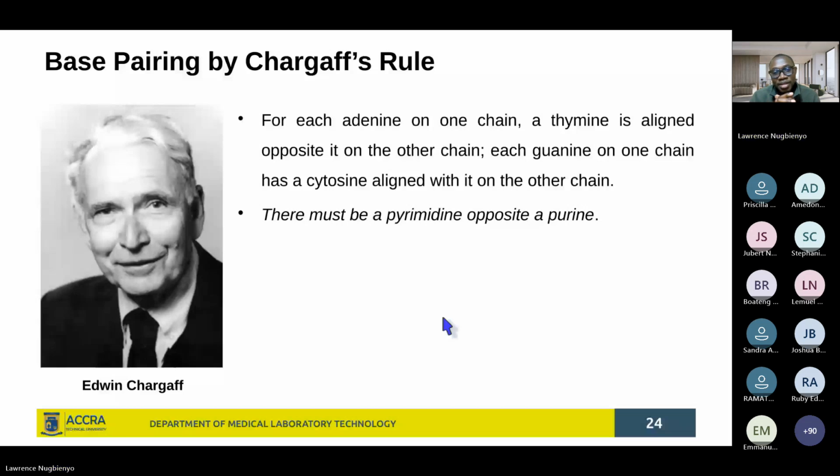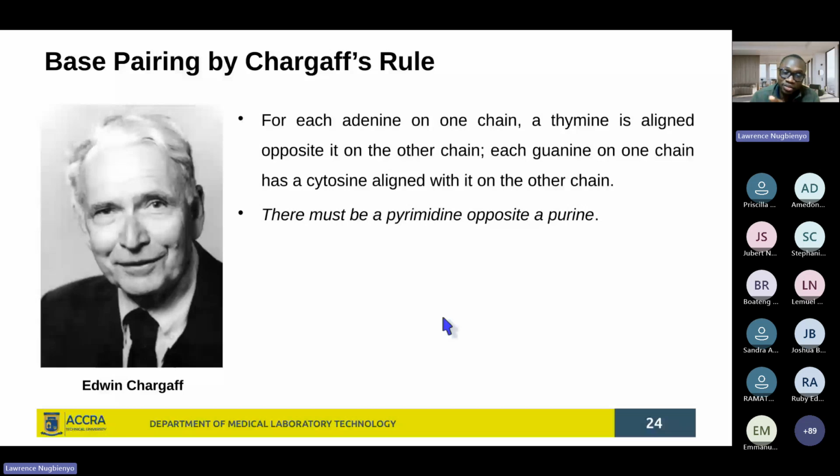Now, these 2 strands also have bonds between them, and this bond exists between the bases of the nucleotides.